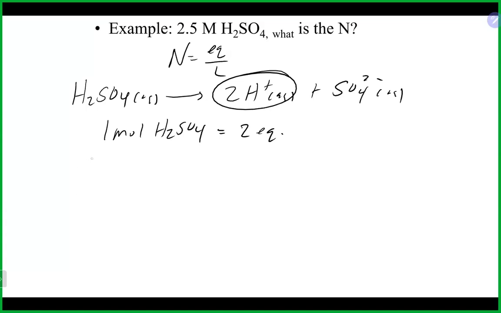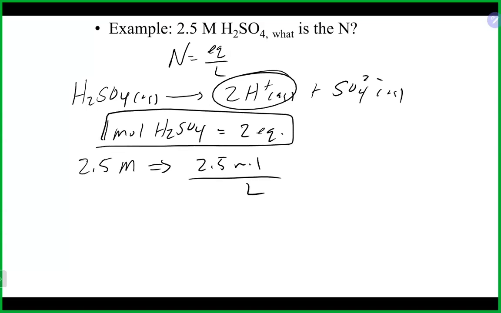And since we do have the molarity given to us, 2.5 molar, which as we know is basically 2.5 moles per liter, we could use this once again as a conversion factor to convert us into normality. In this case, we want to get rid of the moles. So on the bottom, we'll go 1 mole of H2SO4. Up on top, we'll go two equivalents.